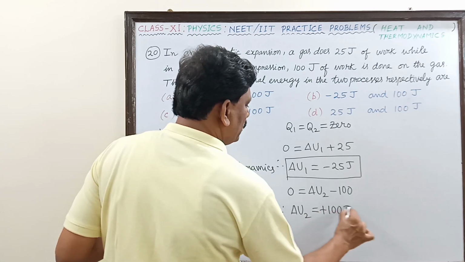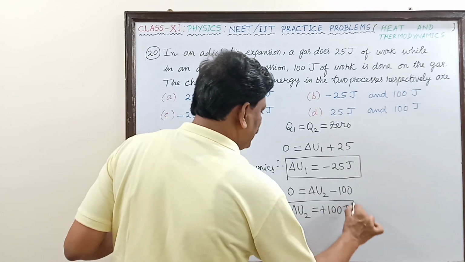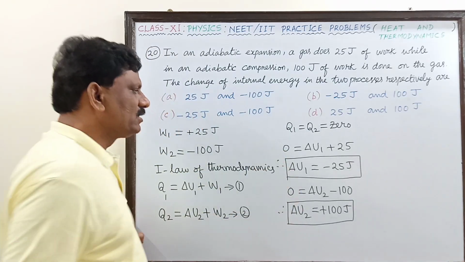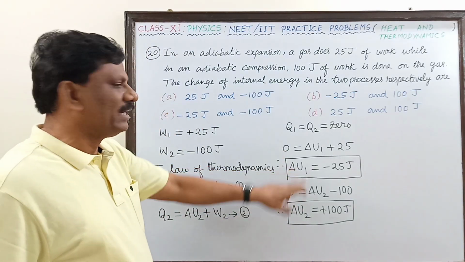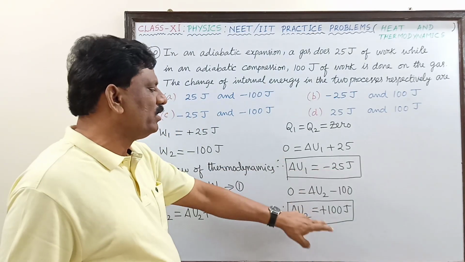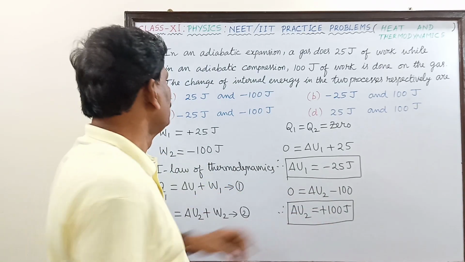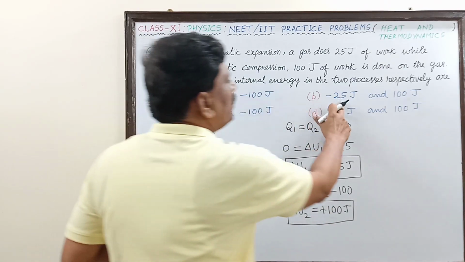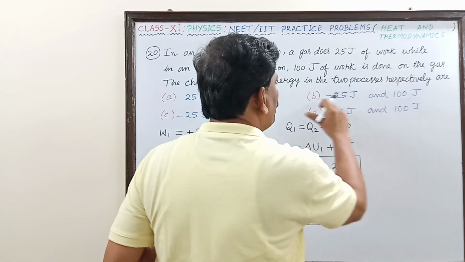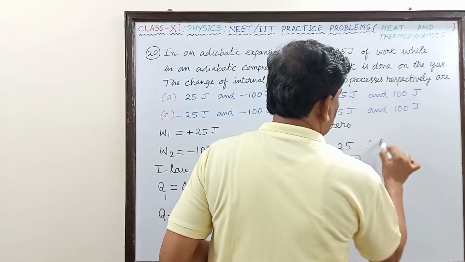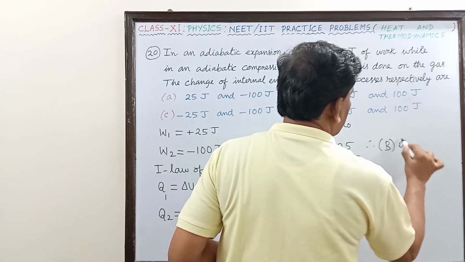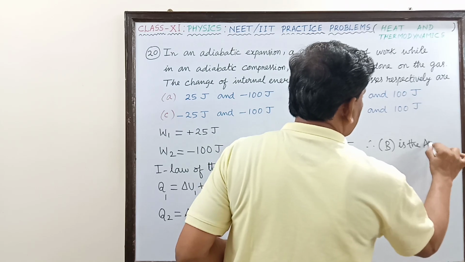Okay. So change in internal energy respectively are minus 25 and plus 100. So minus 25 and plus 100 joule means therefore option B must be the correct answer.